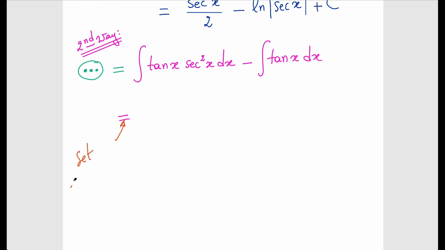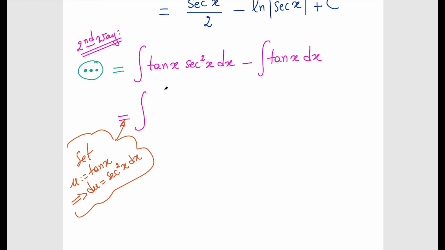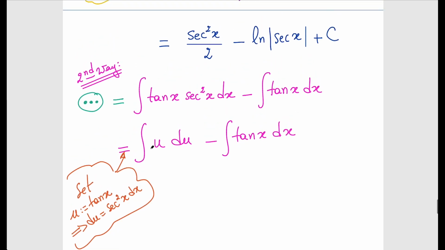So set u to be tangent of x, and as such du becomes secant squared x dx. And this is then equal to the primitive, that's u, and that's du, minus the primitive of tan x dx.